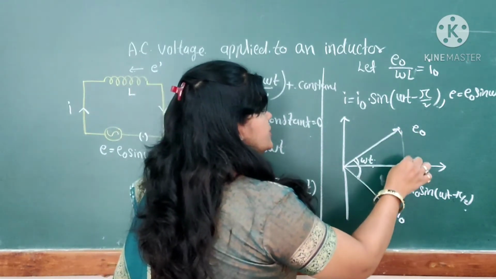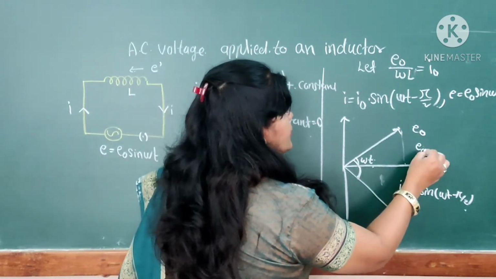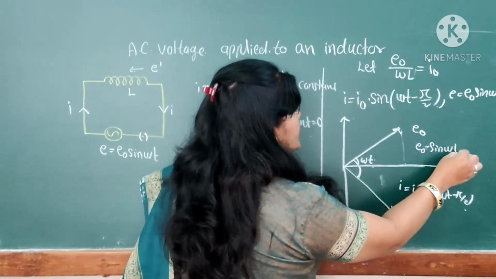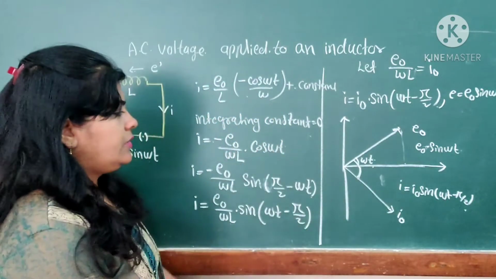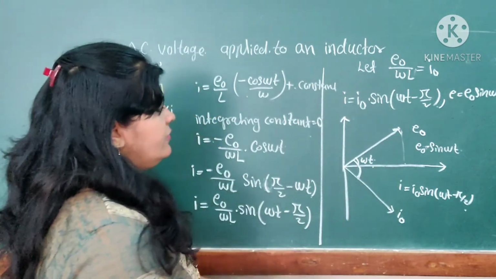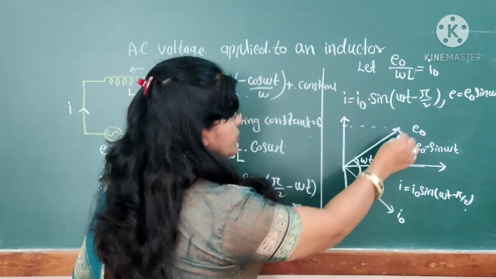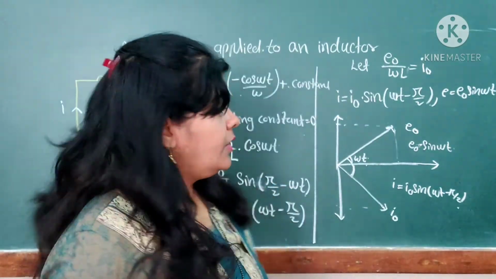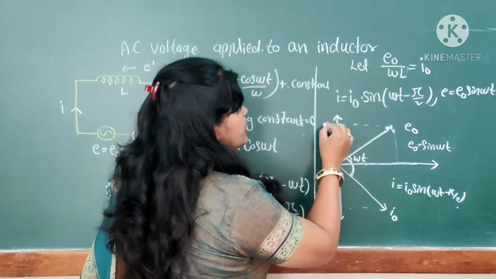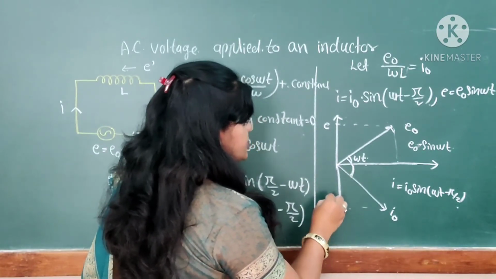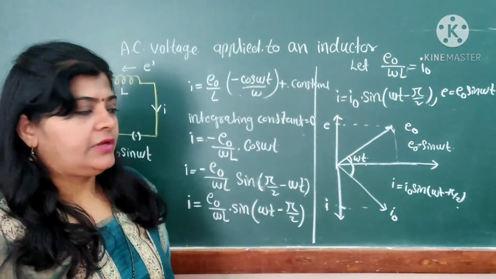And here it shows that the value is E naught into sine omega t. Okay, in this way we can draw the phasor diagram of it, showing the instantaneous current and EMF.